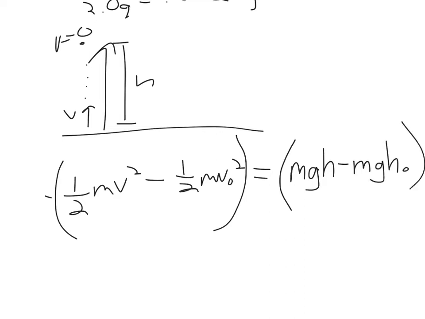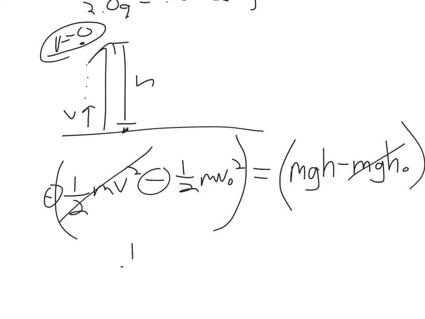Now there are some things that are going to make this easy. We know that v final is 0, so this is 0. And we know that the height naught, it starts on the ground, is 0. So this simplifies pretty easily, and look how this negative multiplied by this negative will cancel.